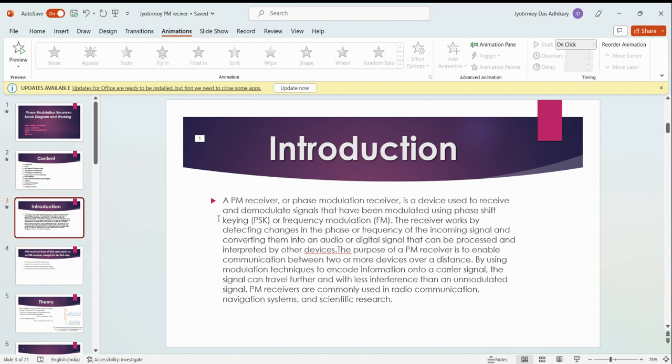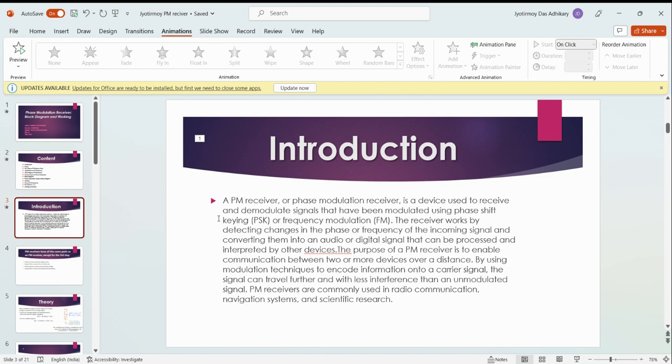Introduction. A PM receiver or phase modulation receiver is a device used for receiving and demodulating signals that have been modulated using phase shifting or frequency modulation. The receiver works by detecting changes in the phase or frequency of the incoming signal and converting them into an audio or digital signal that can be processed and interpreted by other devices.